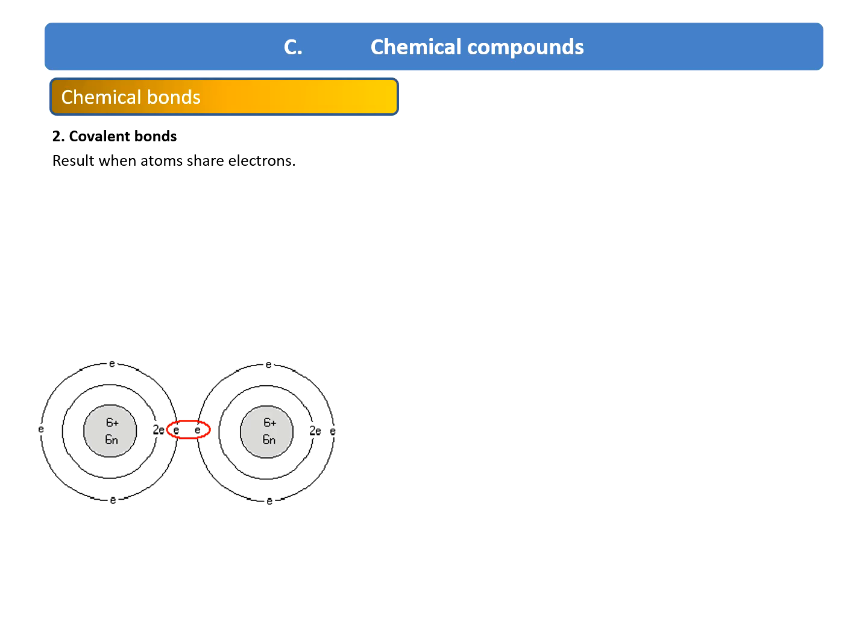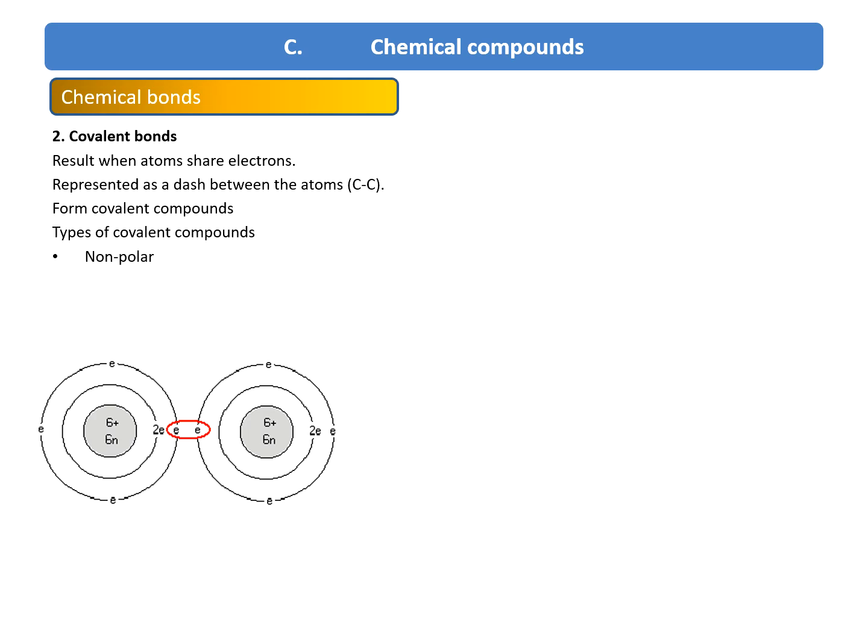Covalent bonds result when atoms share electrons. It's usually represented as a dash between the atoms, such as the dash between 2 carbons. They form covalent compounds. There are 2 types of covalent compounds: nonpolar and polar.